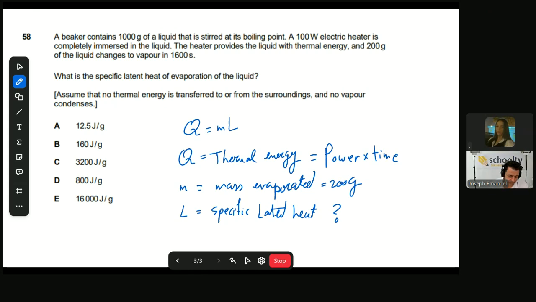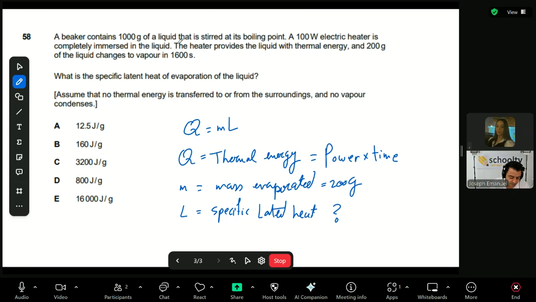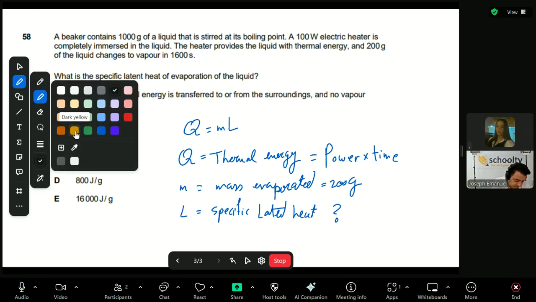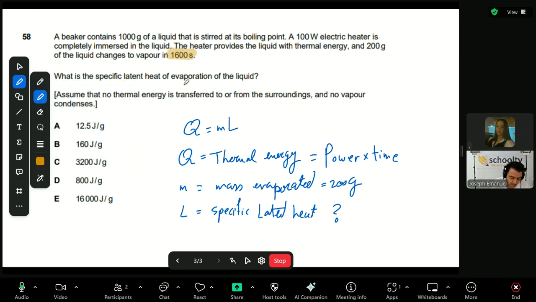Okay, so let's understand what we have here. We have time, 1,600 seconds. 200 gram, we wrote here 200 gram. You have 100 watts power applied for 1,600 seconds. So you can calculate here the Q, the energy, how much energy.